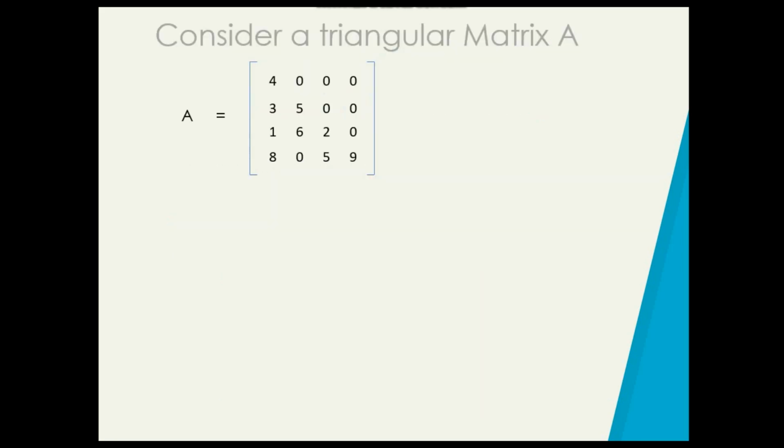Consider a lower triangular matrix A. The implementation for a lower triangular and an upper triangular matrix is almost the same. We have taken a lower triangular matrix as an example, but as we proceed through this video, I'll be discussing the implementation for an upper triangular matrix as well.